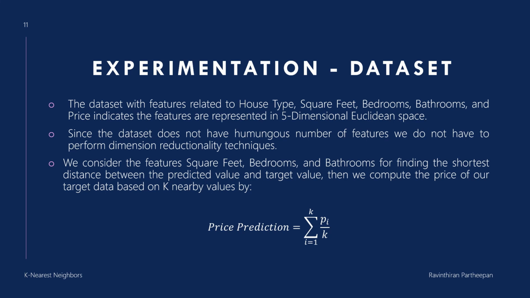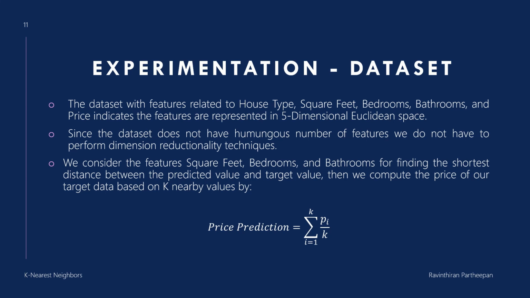Since our dataset doesn't have an enormous number of features, we don't need to perform principal component analysis or any other dimensionality reduction techniques. And of course, we only consider the features related to square feet, bedrooms, and bathrooms, because that's what we are going to use to predict the price of your requested features.